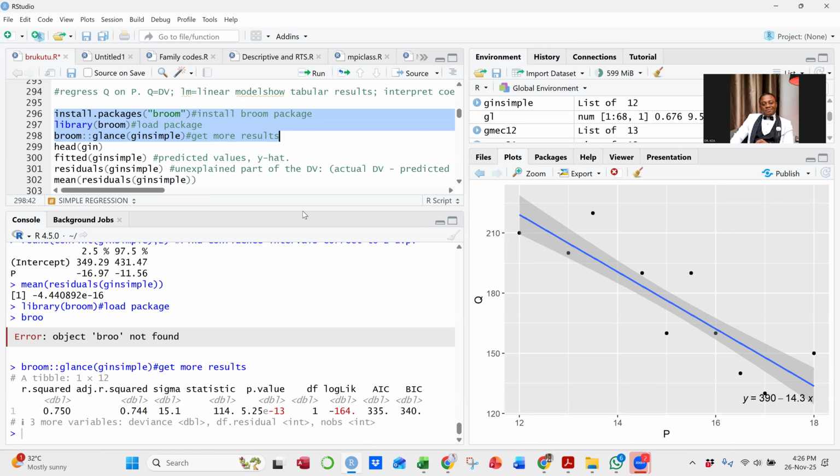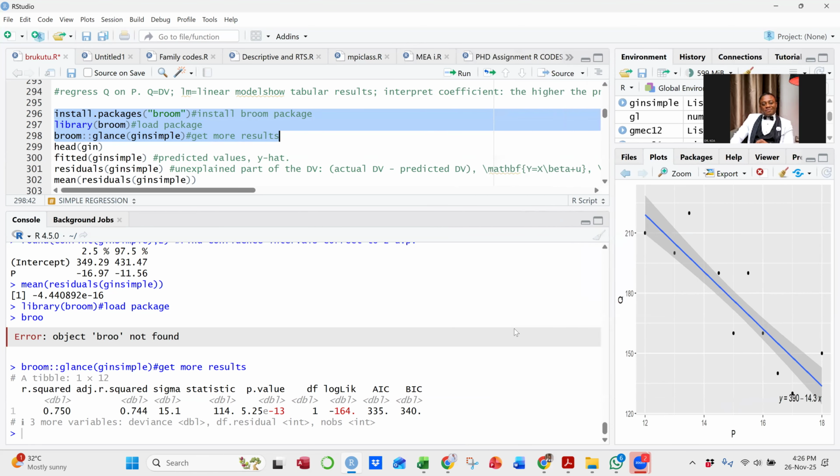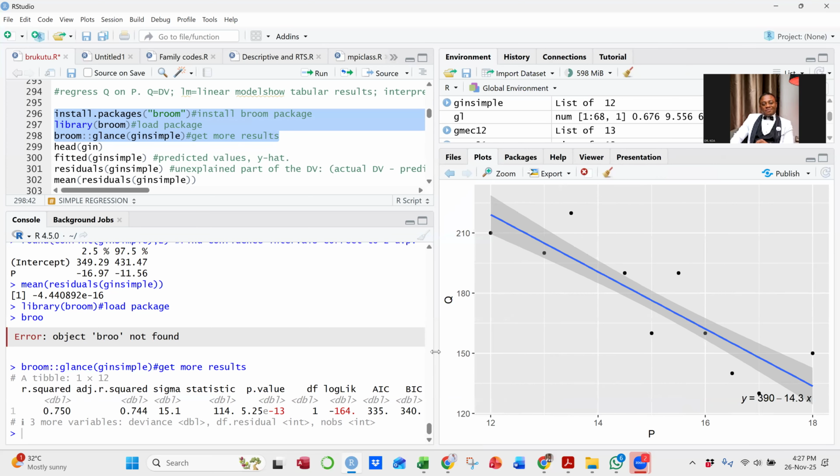And you have libraried it, and after the package name you had a double colon. Yes. I got the same results, it just stopped after the p-values. So I didn't get the DF and the rest. Could it be that you're not getting more space like that? So you have to stretch it to get more. Okay. Sometimes, I'm not saying you should do it, but sometimes by restarting your work, you're able to get it. Okay, Doc, thank you. All right.